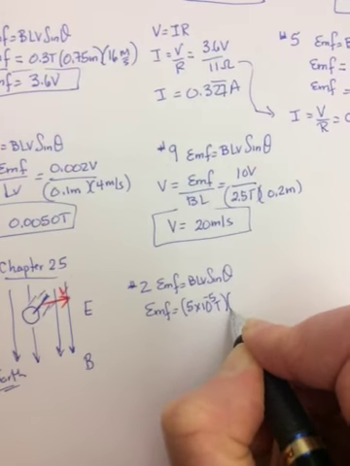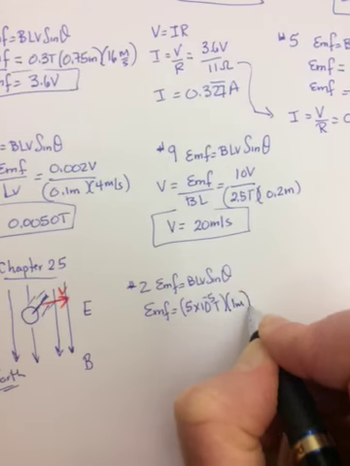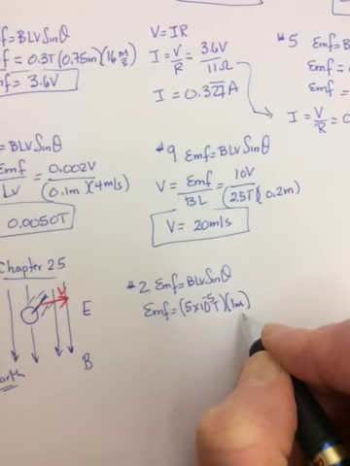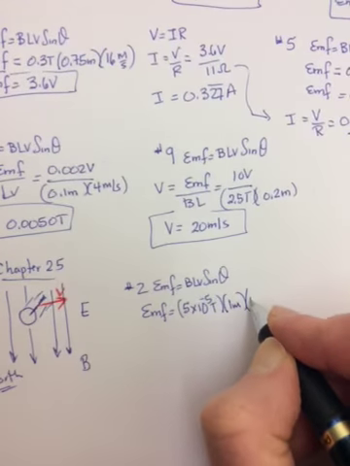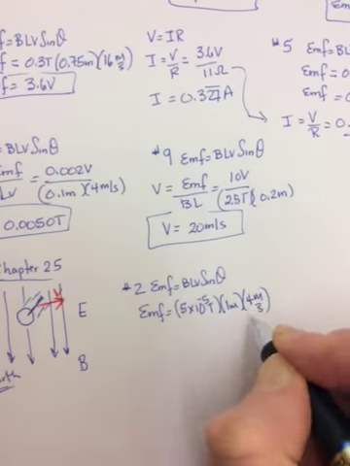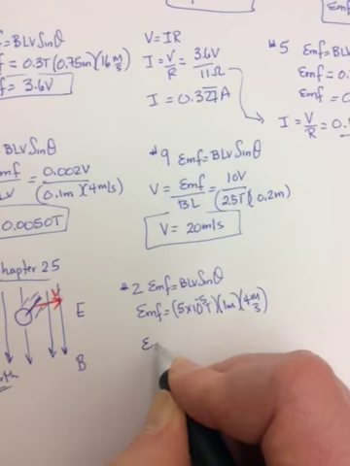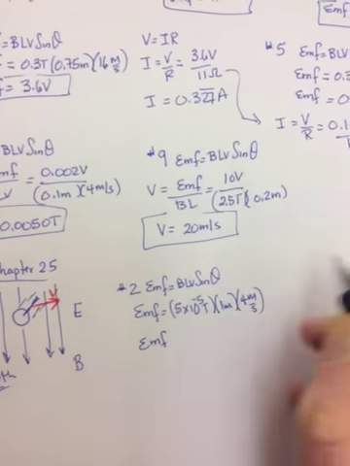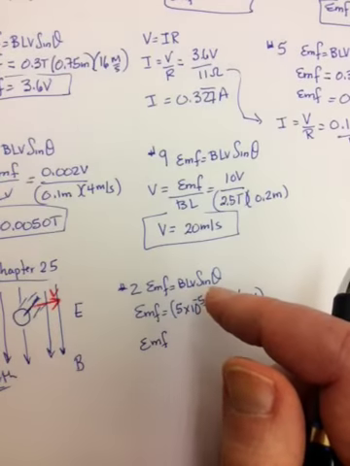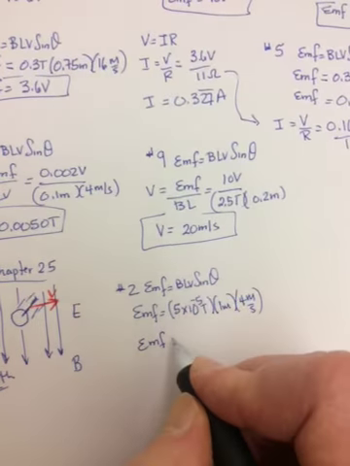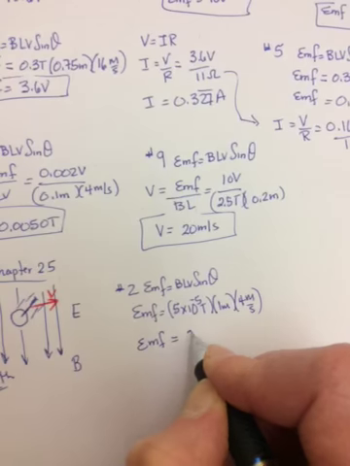It says the wire is 1 meter long, and it's moving at a speed of 4 meters per second. So it's going to be 20 times 10 to the negative 5, which is going to be 2 times 10 to the negative 4 volts.